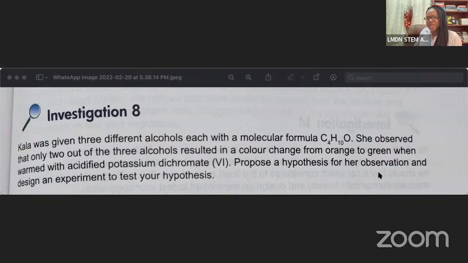So what might that be? Because they have the same molecular formula, right away, they're all alcohols, so they all have the same functional group. But what could be different about these alcohols? Think about that with me, because they have the same formula, but they're giving different color changes with dichromates. So something is different about them that's causing them to behave the way they're behaving.